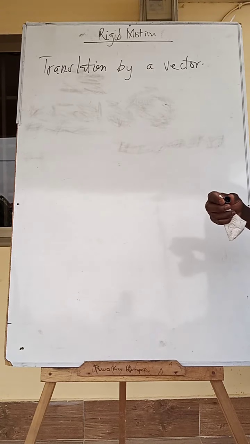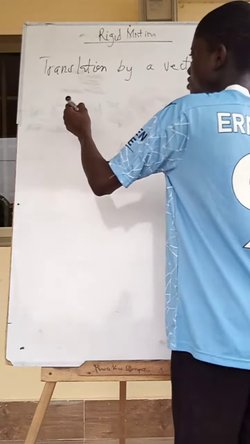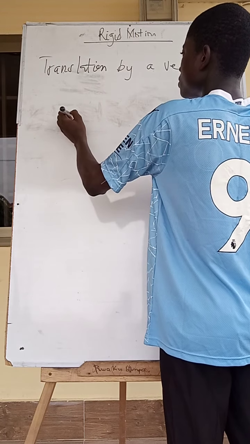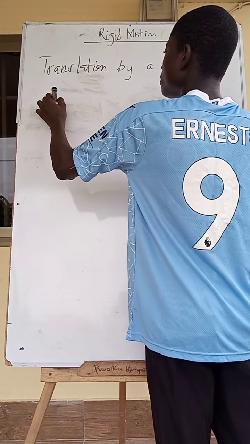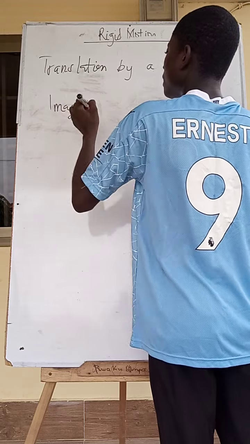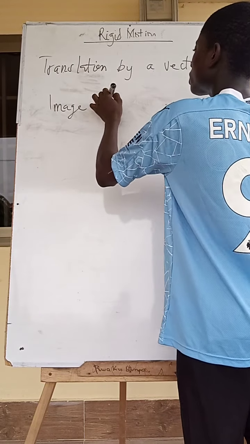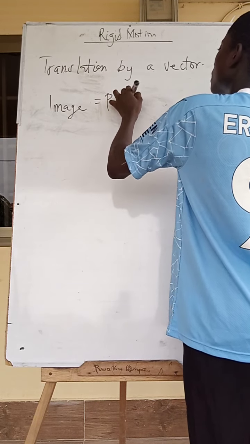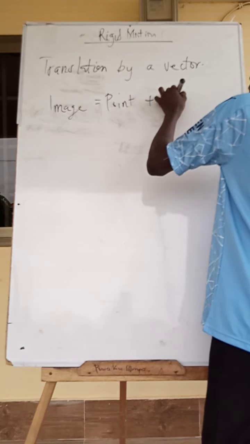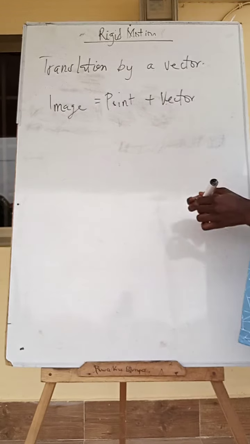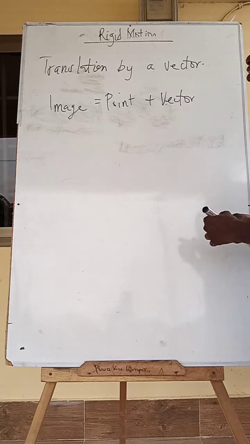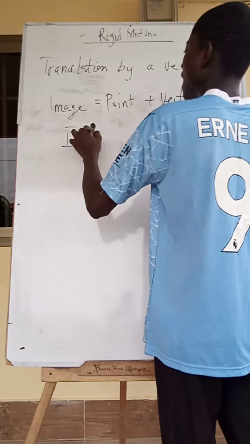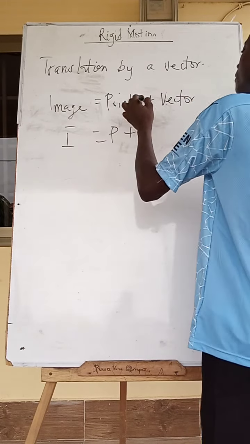Translate a point by a vector. So let's consider some formulas that we are going to use. We are saying the image that we will get equals what? A point plus a vector. Image equals point plus vector. So we always say I equals P plus V.